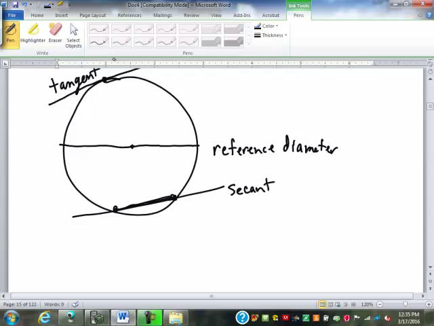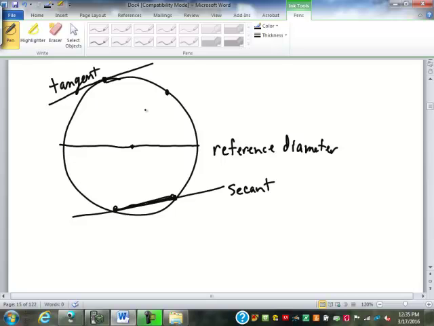Now, a feature that you might not be familiar with: if I pick a point on my circle, the distance from that point to the reference diameter, and distance is always measured at a right angle, a perpendicular, that distance is called the sine of that point. So if we pick a point on the circle, its sine is the distance to the reference diameter.